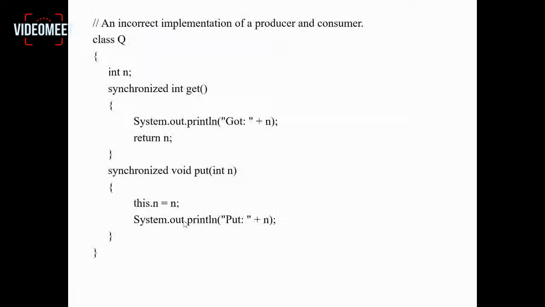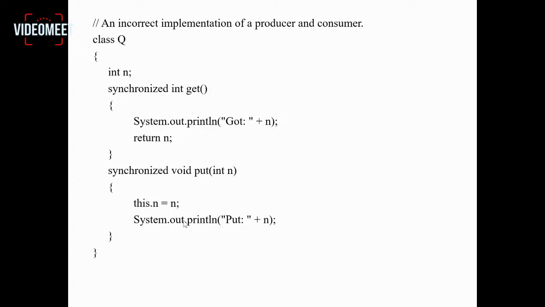So I'll show you one program first, based on a problem called the producer and consumer problem. You must have already known about this producer and consumer problem in the operating systems subject. What is a producer and what is a consumer? A producer is one which produces an item that must be consumed by the consumer.